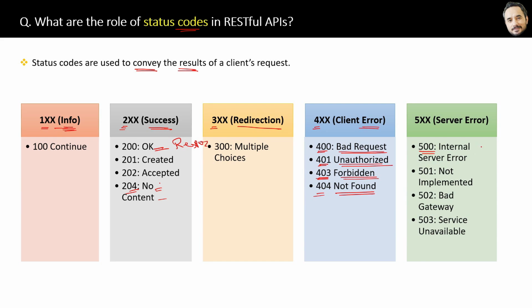The request is fine, but maybe there is some connection or internet issue, the API server is down. So this is the difference between 400 and 500 also. In 400 cases, failure is mostly because of the client request. In 500 cases, failure is because of the API server, maybe not the client request.